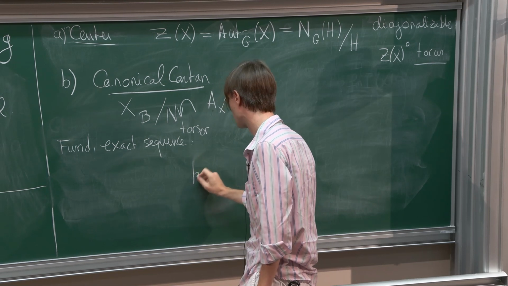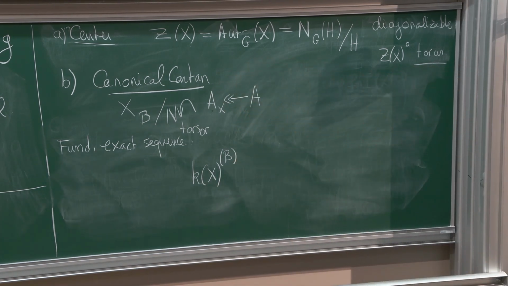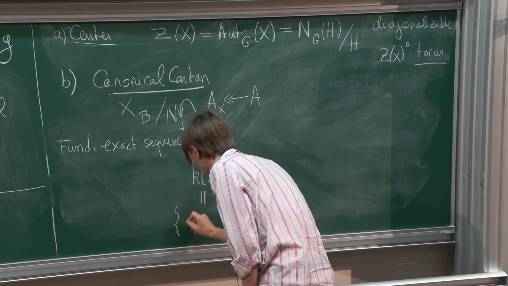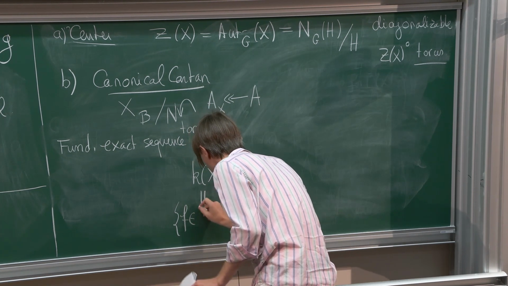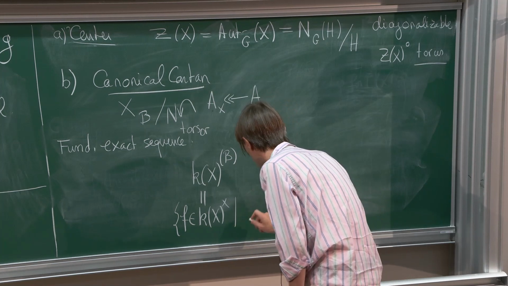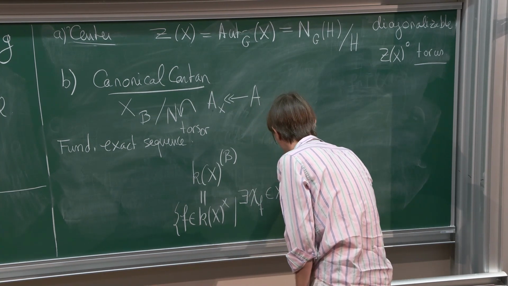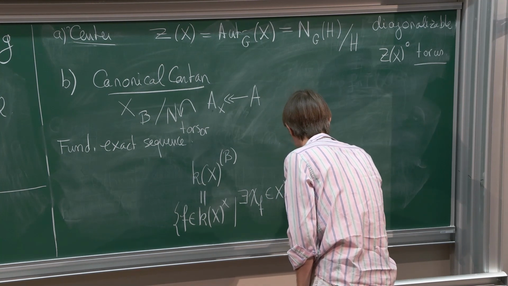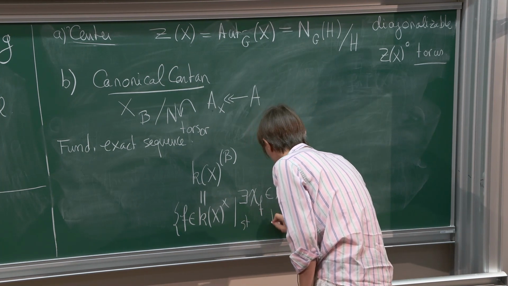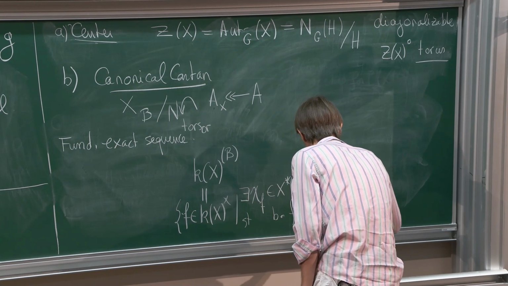It comes from considering the space of all B eigenfunctions, rational functions on X. So this is the group of all non-zero rational functions on X such that there exists a character, which I denote by chi_f, an algebraic character of B, the same as an algebraic character of A, with B acting on f by multiplication by the value of this character at b.